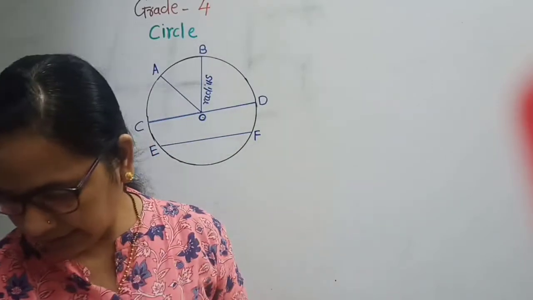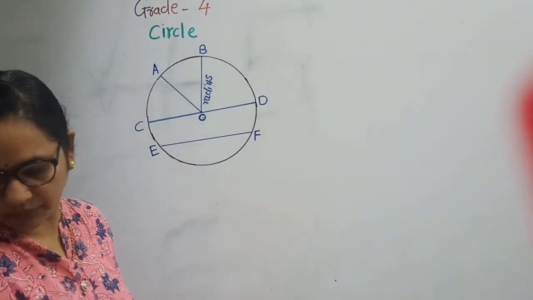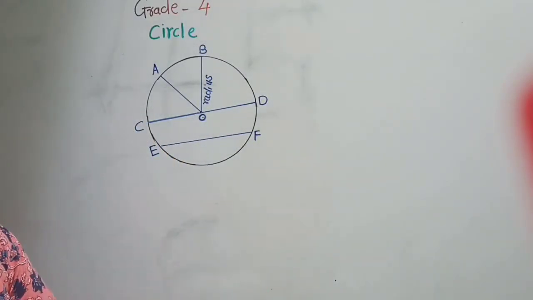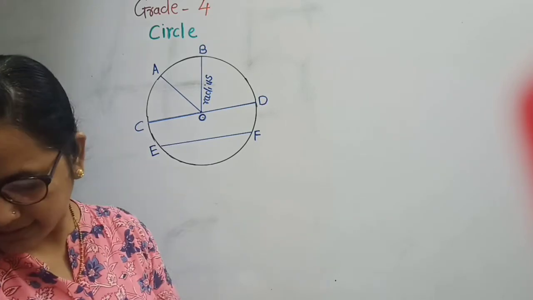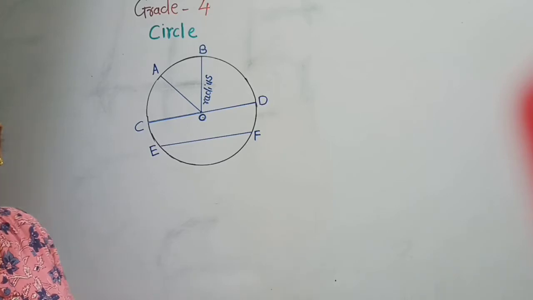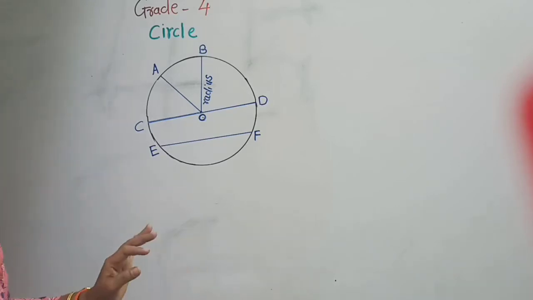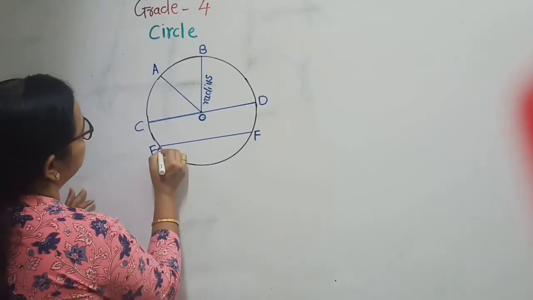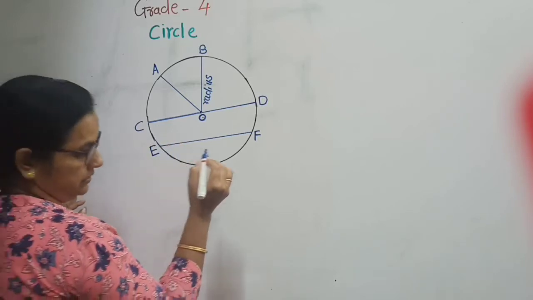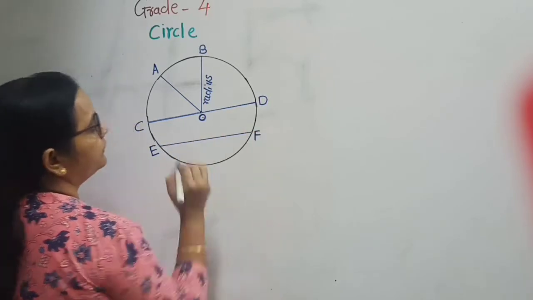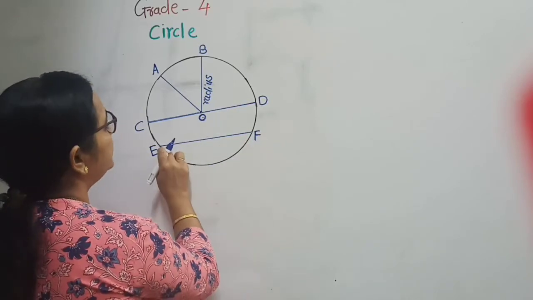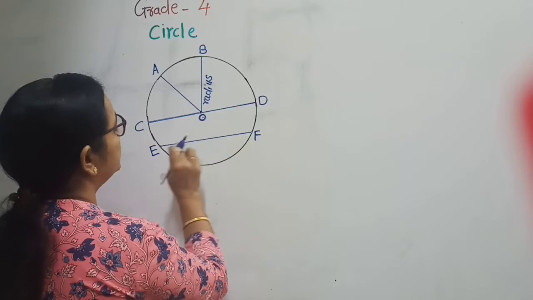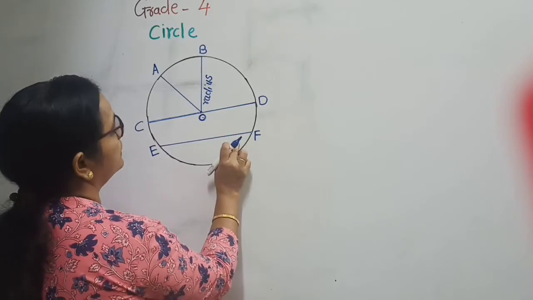Now, if any 2 points on a circle are joined with a line, see here, this point E and this point F are joined in a circle.